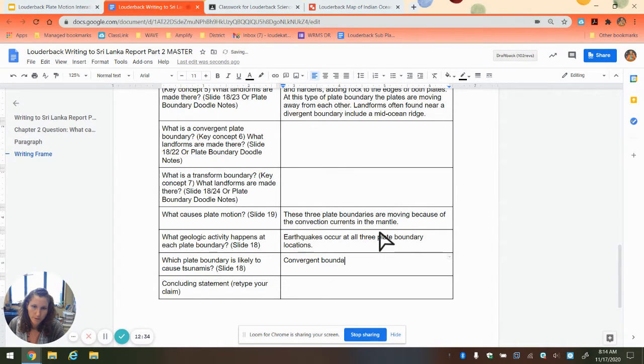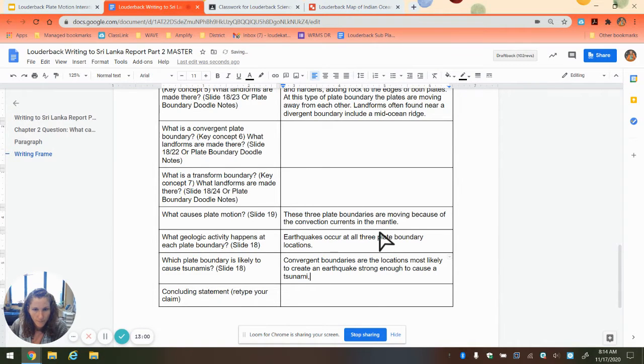Convergent boundaries are the locations most likely to create an earthquake strong enough to cause a tsunami.